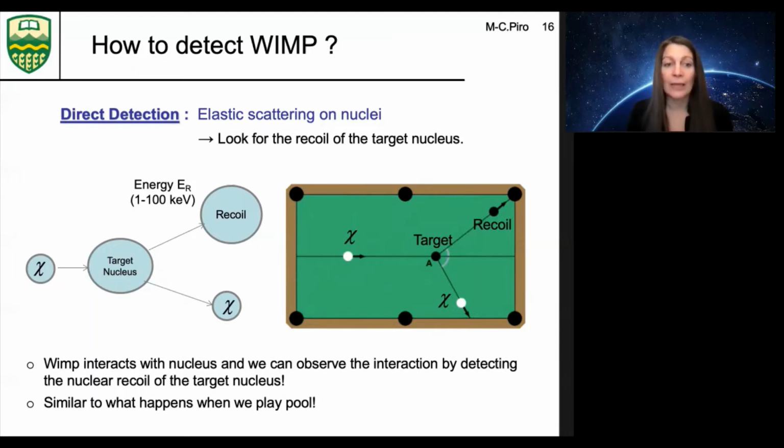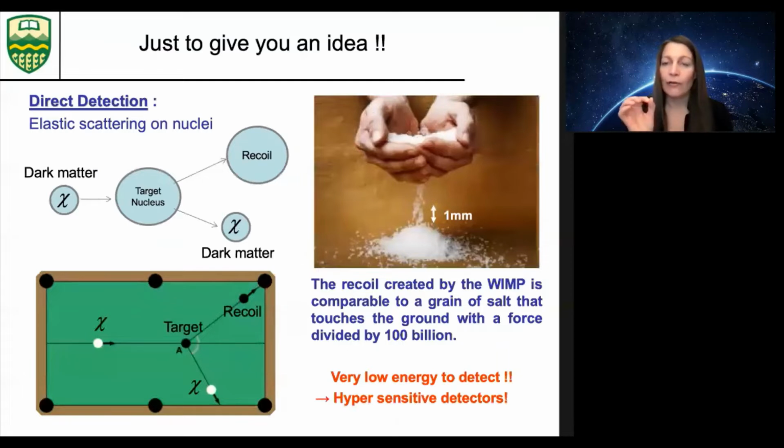And just to give you an idea of the energy, because we said that it's a weakly interacting massive particle, the recoil energy that we will have will be very, very low. But what is the order of magnitude? Let's take the example of a grain of salt at 1 millimeter from the floor, and you let it fall. The force with which it will touch the ground, divided by 100 billion, this is what we try to detect.